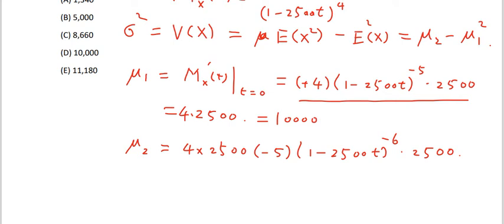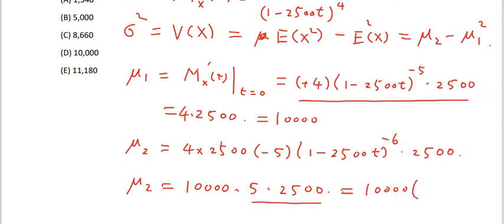So mu2 equals 4 times 2500 times 5 times 2500.